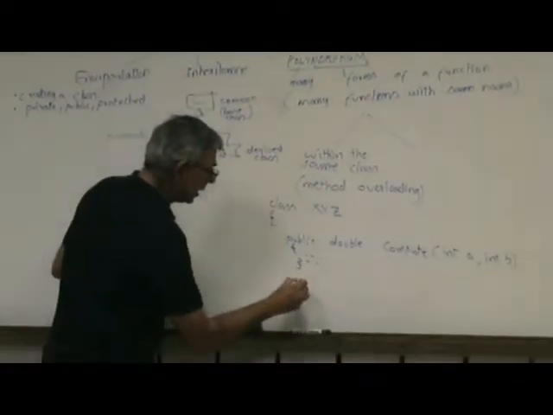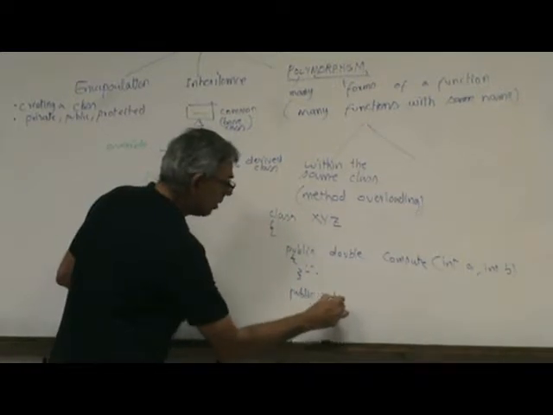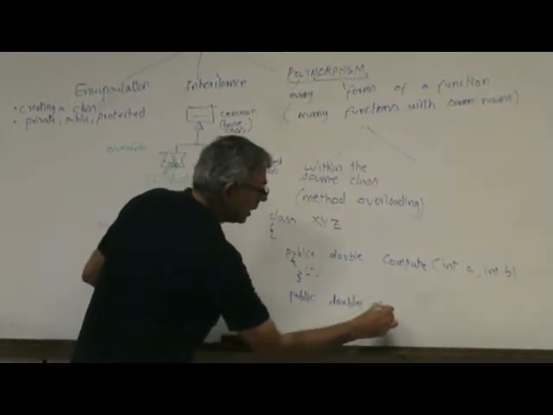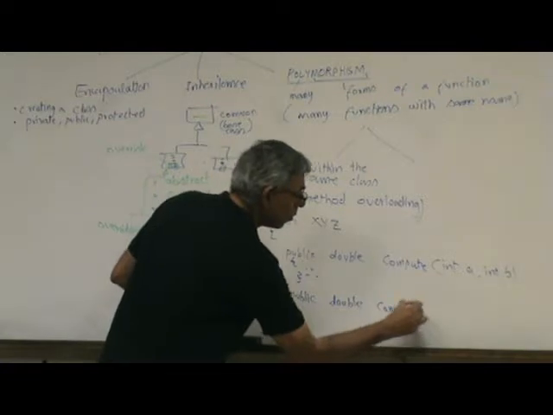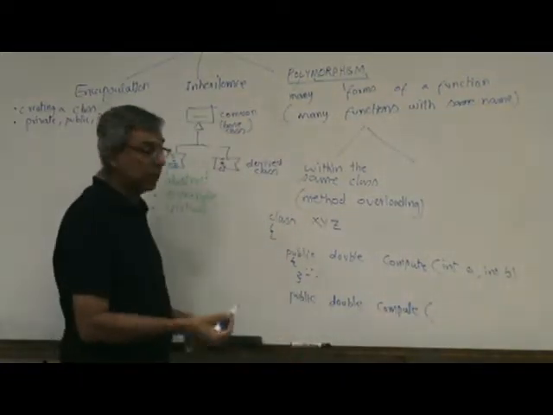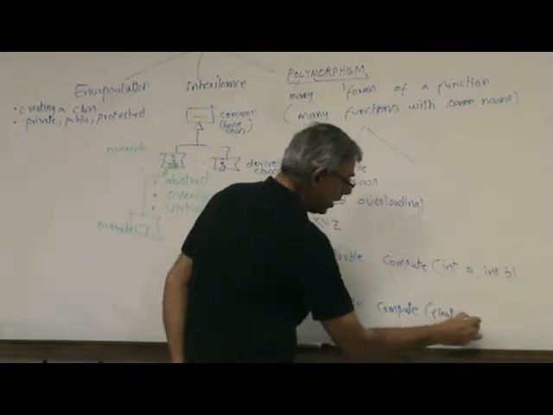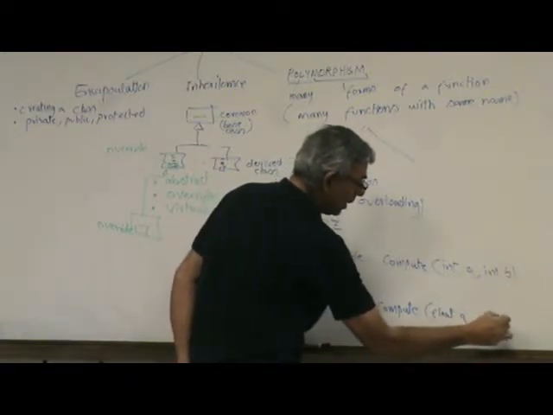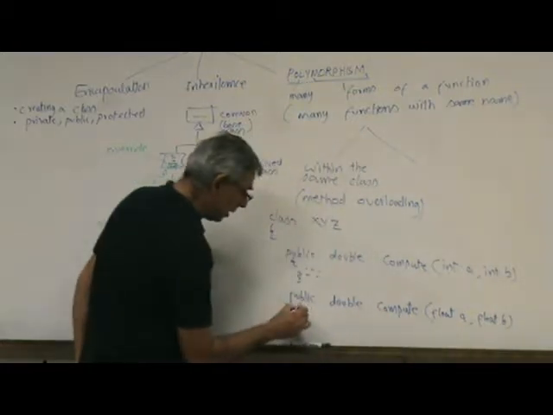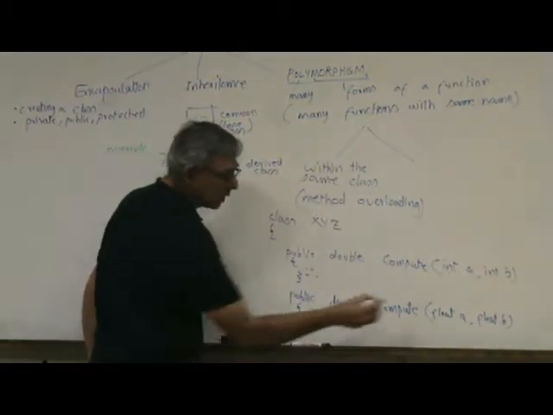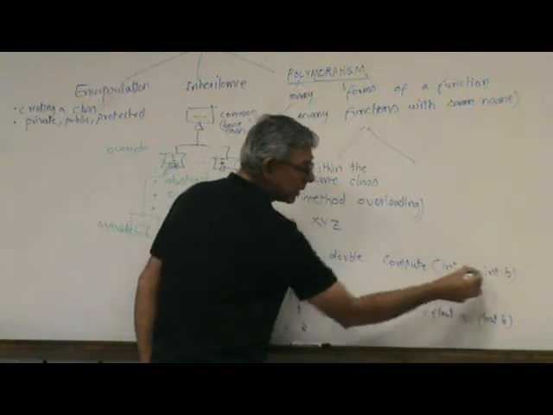Okay, and the answer is yes, we can do that, as long as either the number or the type of parameters is different. Okay, so for example, what if I did this, float A, float B? Will this be allowed? Yes, because the type of the parameters is different.